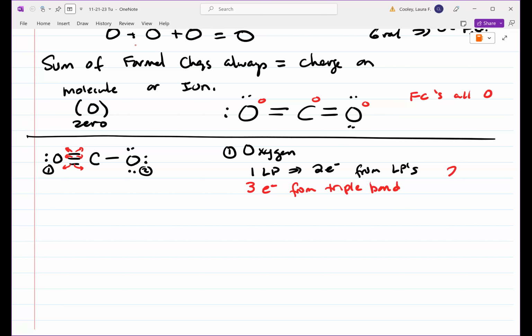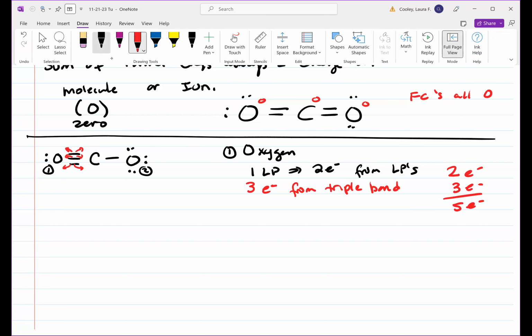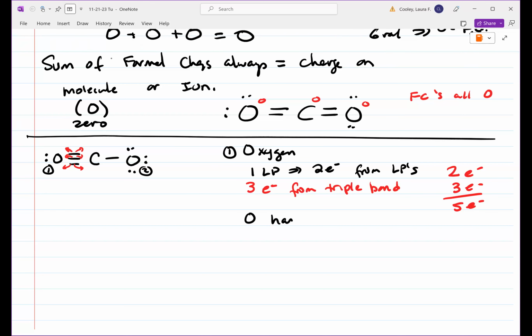So you add them up, 2 plus 3 is 5 electrons. Okay, so how many valence electrons? O has 6 valence electrons. So it has 1 fewer electron than it had when it was a free atom in terms of its valence electrons.